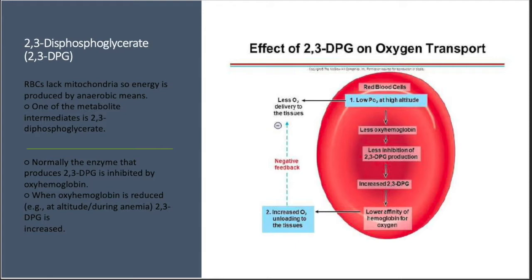2,3-DPG. All right, 2,3-DPG. You remember earlier when I was talking about the oxyhemoglobin dissociation curve and how oxygen was transported to the tissues and oxygen was offloaded and carbon dioxide was picked up. With the oxygen being offloaded and the carbon dioxide being picked up, let's say, for example, you're looking for more oxygen.